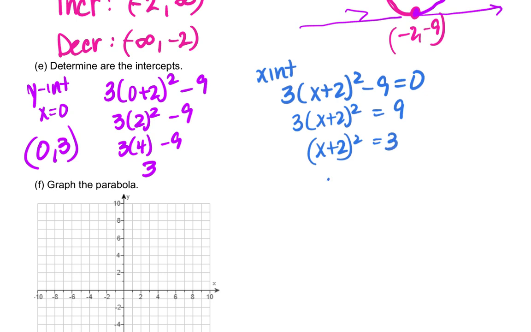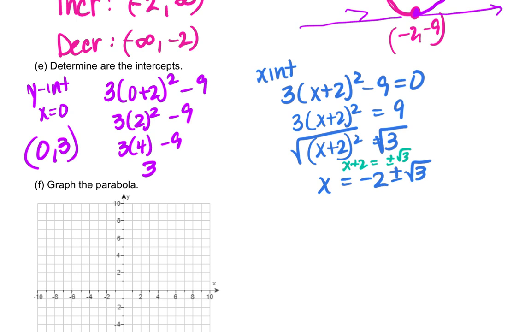And then subtract 2. So we have to take the square root of both sides. Kind of skipped a step, did it all at once. This would have been x plus 2 equals plus or minus 3. I just did it all in my head real quick.